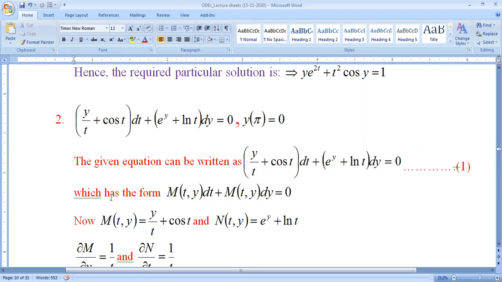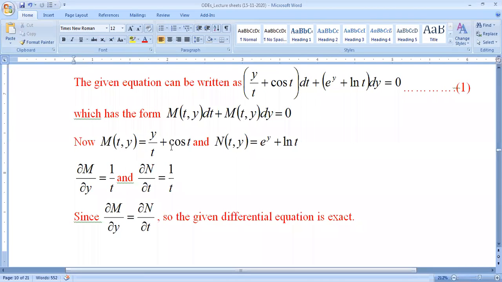Now it has the form M(t,y) dt plus N(t,y) dy equals 0, where M is the coefficient of dt and N is the coefficient of dy.